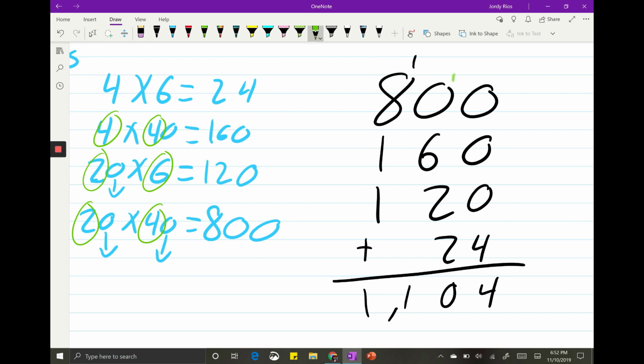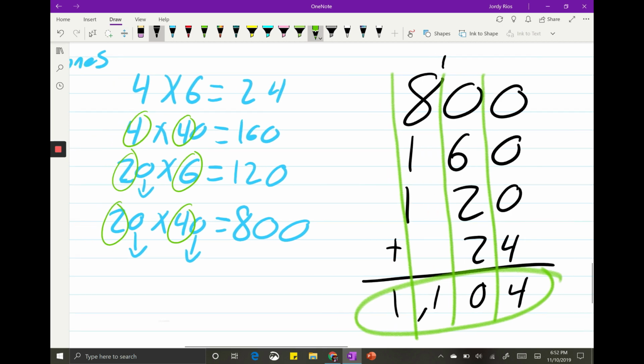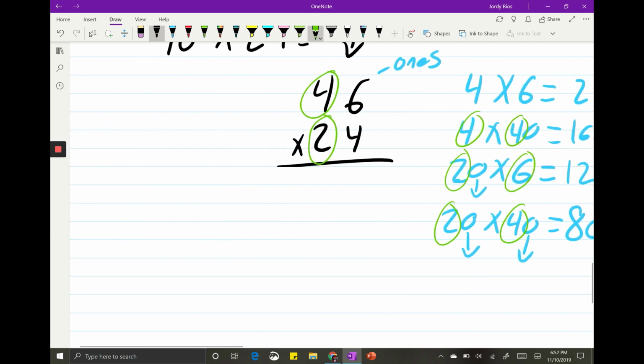You see how everything is in its correct place value? I'm not doing sloppy work. So my answer is 1,104.